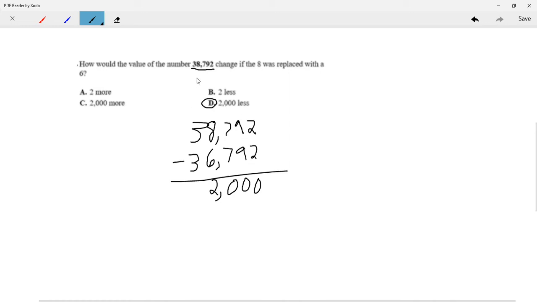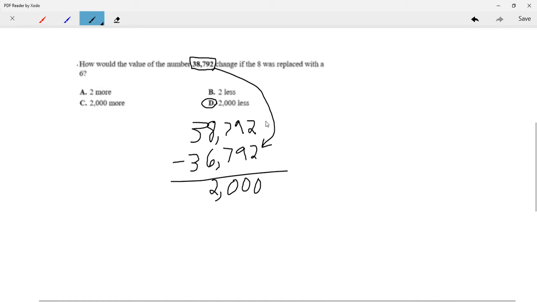Because the value started here, and then the new number we have is this number, right? So if we subtract, we get 2,000. So that means the value of the original number went down 2,000 once we went to the new number.